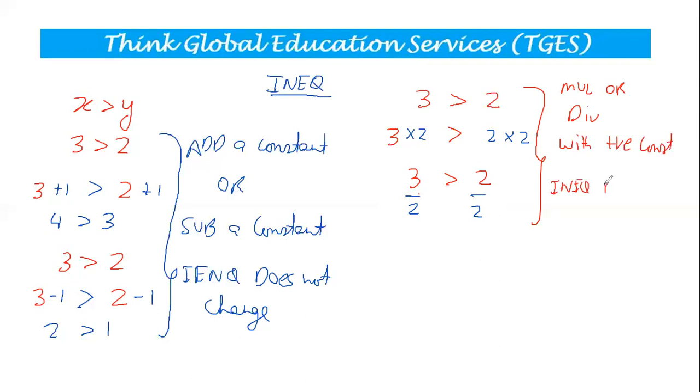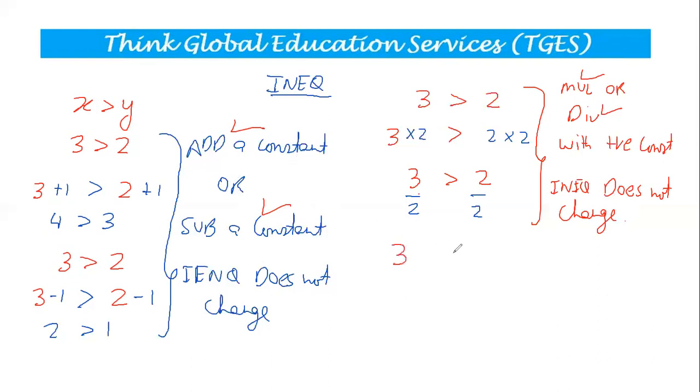So the crux till now is: you add a constant, subtract a constant, inequality does not change. You multiply or divide with a positive constant, inequality does not change.